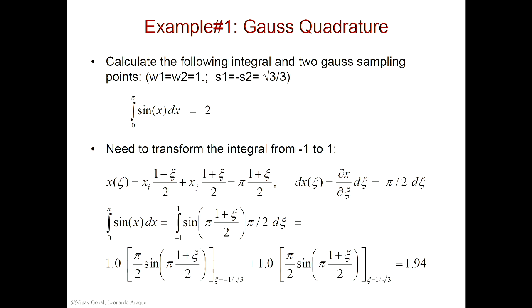I have to change dx to dc. So dx/dc is the derivative of this with respect to c, and that's 1/2, so I have pi/2 dc. I converted dx into pi/2 dc. And for x, I substituted what x is in terms of c, pi times (1 plus c) divided by 2, inside where the x was. And my limits of integration go from -1 to 1.